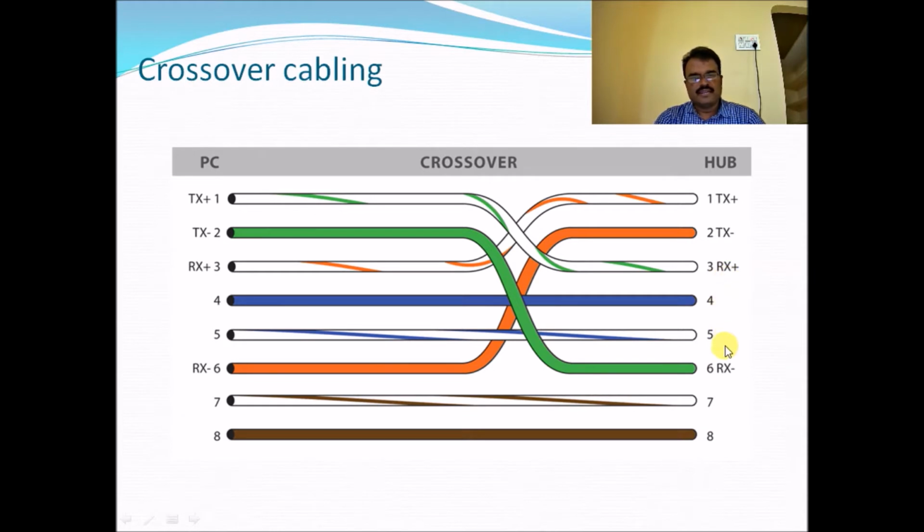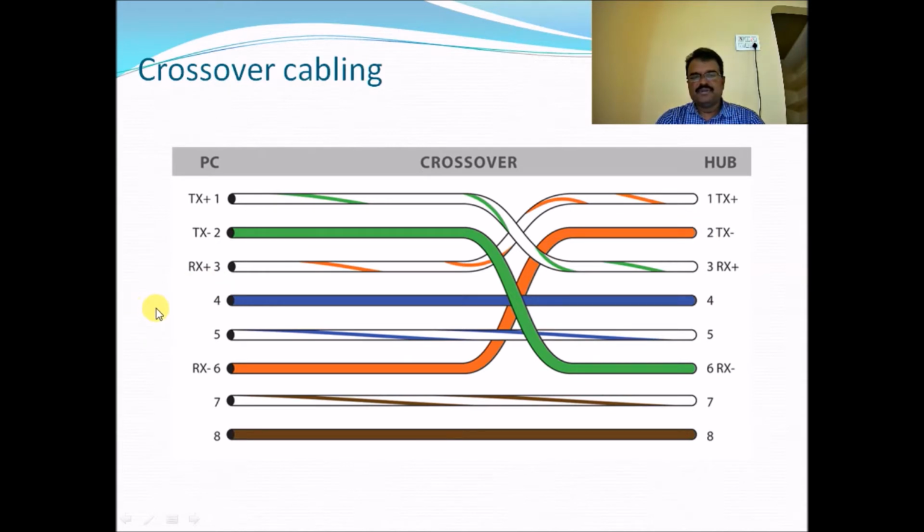When 1 is connected to 3 and 2 is connected to 6, then from this end, pin 3, which is receiving from pin 1 of the other end, and pin 6, the receiving pin here, is connected to pin 2 from the other end.